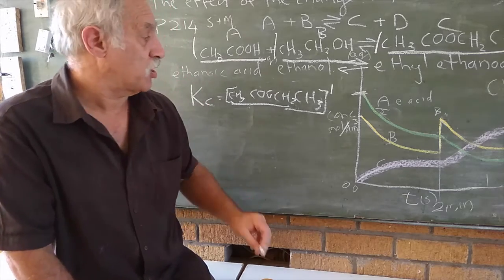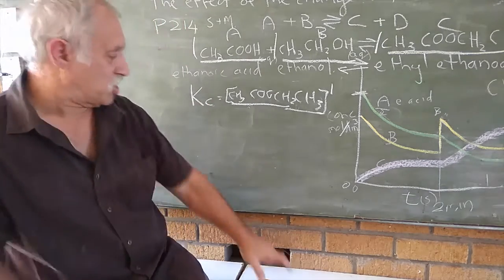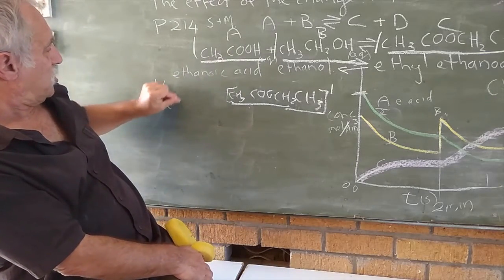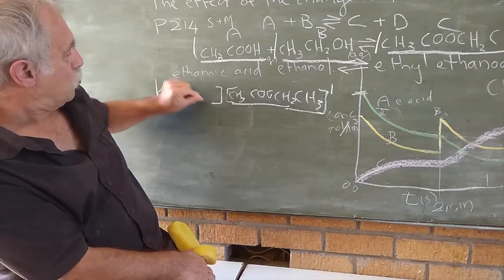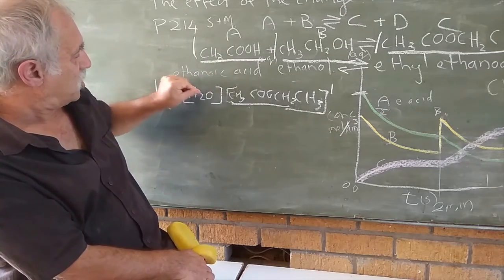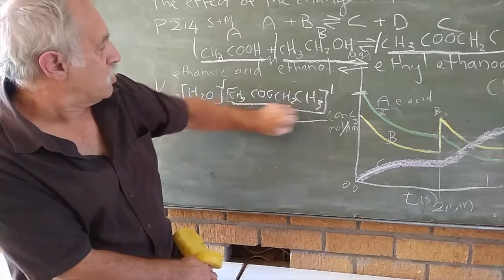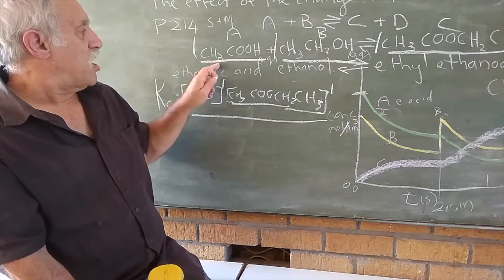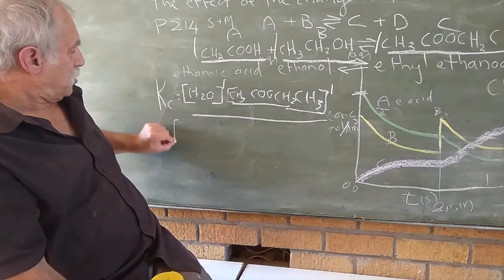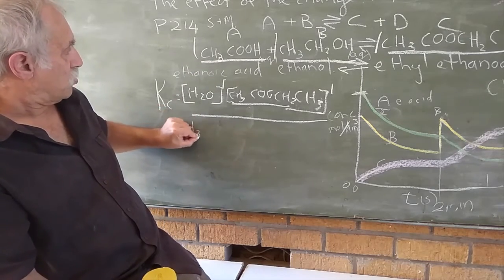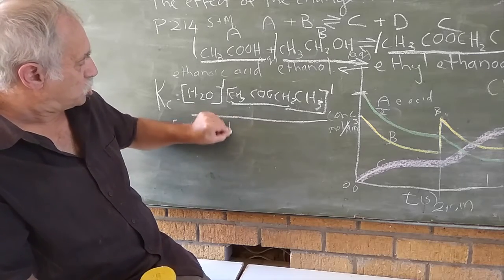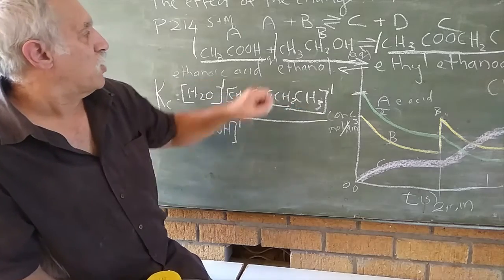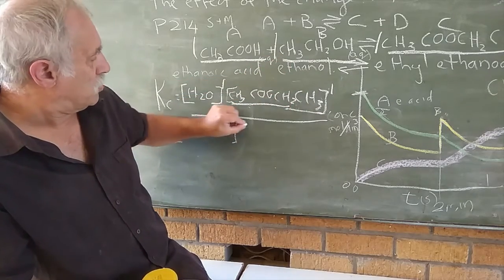What we're actually doing is saying Kc is equal to water, H2O, but this is going to become a 1, and our ester, ethyl ethanoate. Now let's take our ethanoic acid, CH3COOH, raised to the power of 1, water to the 1, ester to the 1, and there's our ethanol.